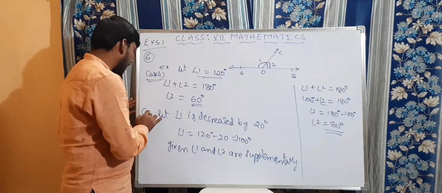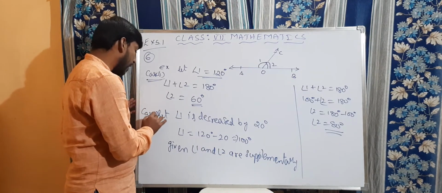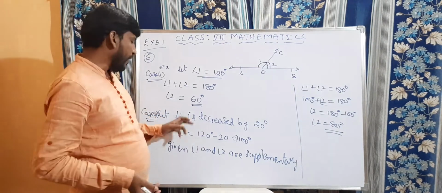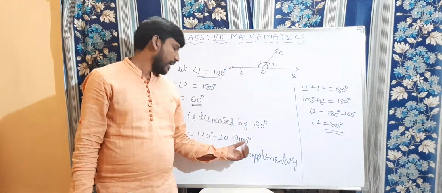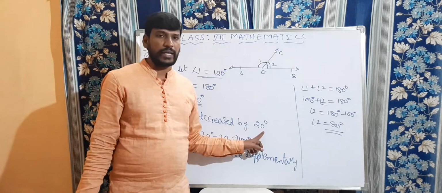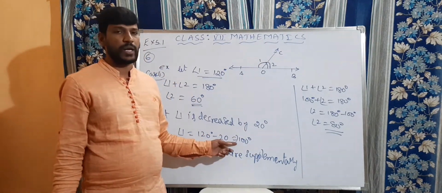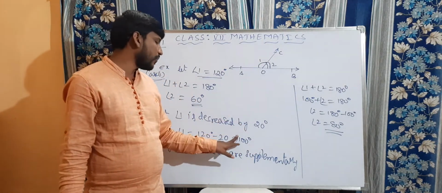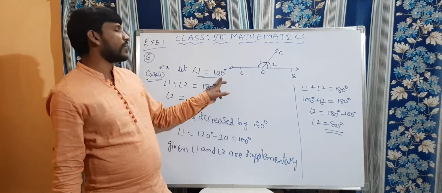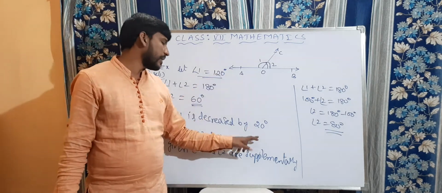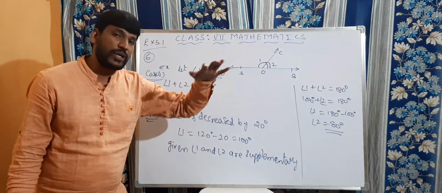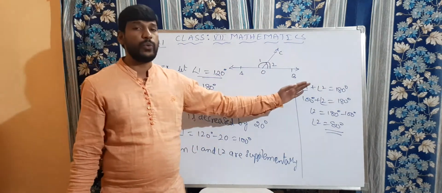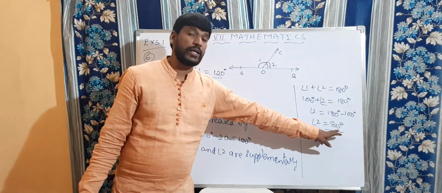Now in case 2, if angle 1 is decreased by 20 degrees, then before that it was 120, and after decreasing 20 degrees it becomes 100 degrees. Then angle 2 will become 80 degrees.